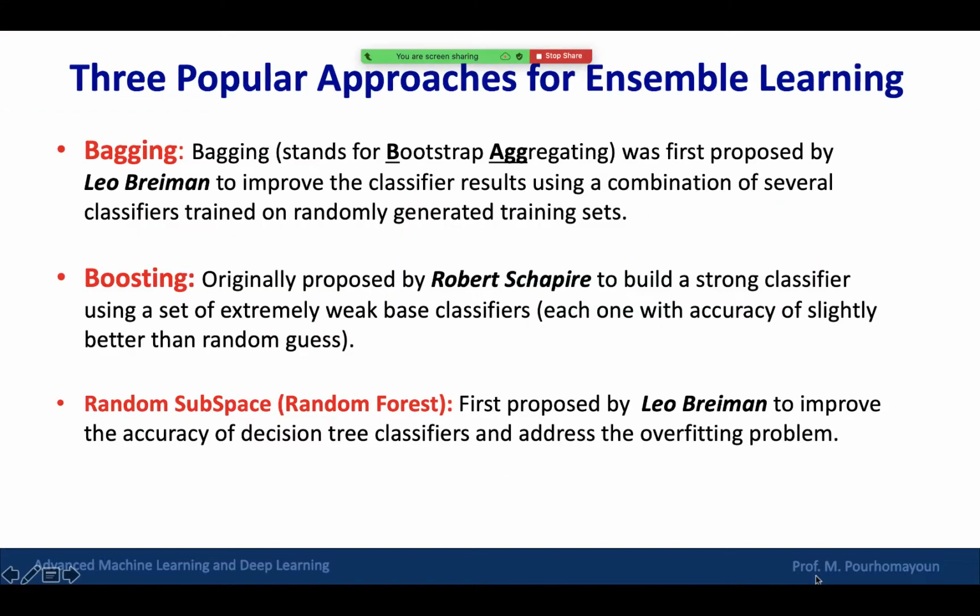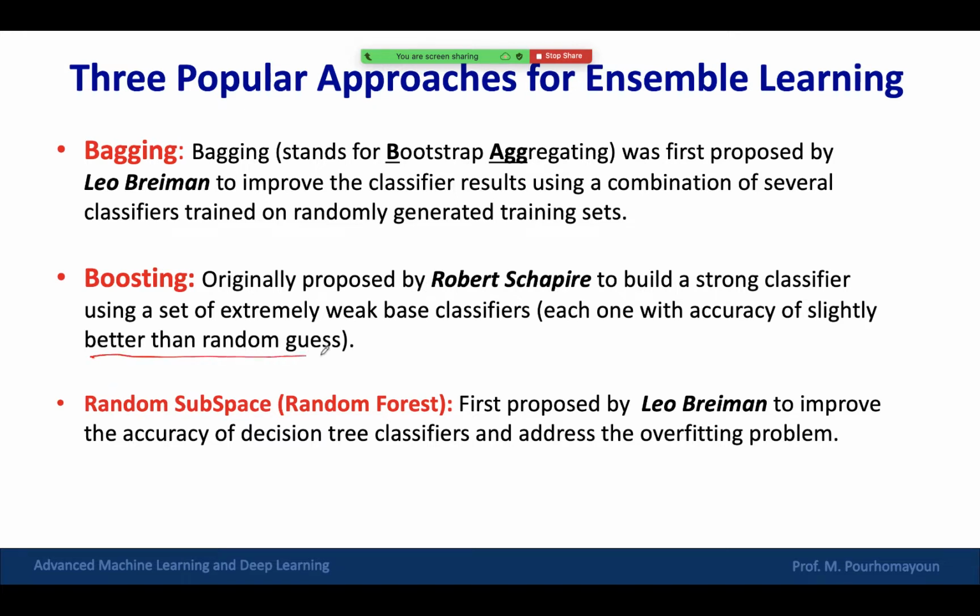Okay, so let me continue with the next algorithm that we want to talk about, which is boosting. Boosting is used to build a strong classifier using a set of sometimes extremely weak classifiers. Each one of those small classifiers can have an accuracy of a little bit better than a random guess.